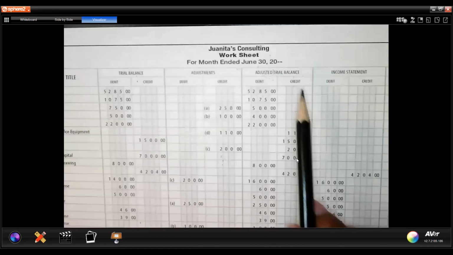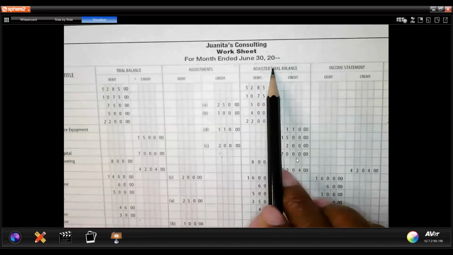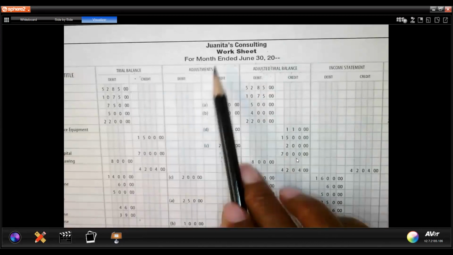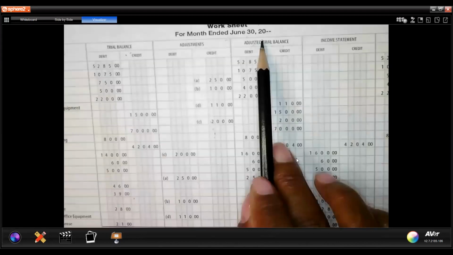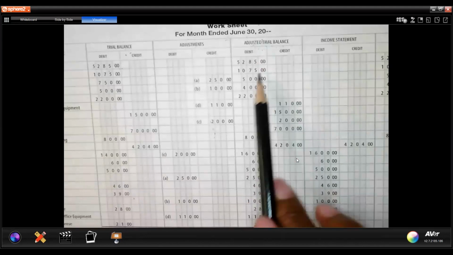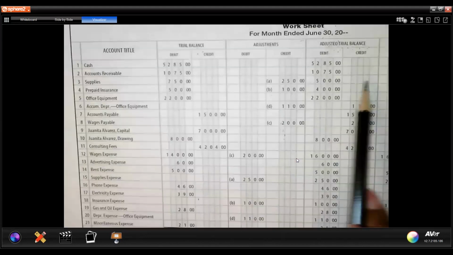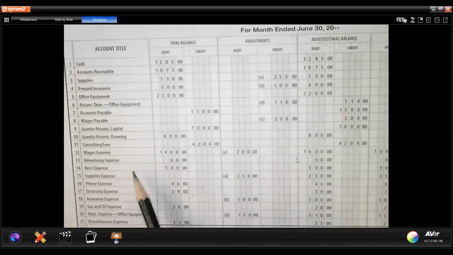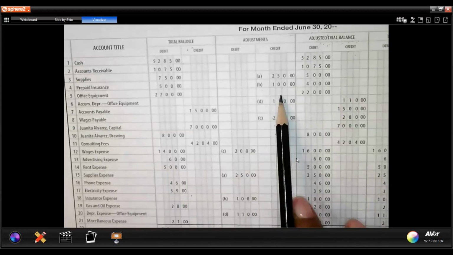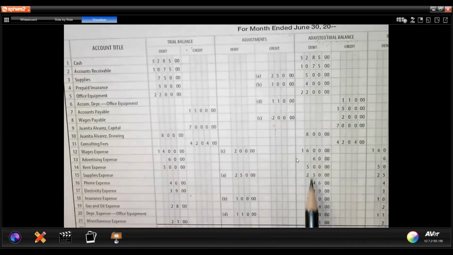Now we need to go in and adjust our trial balance based on those end of the month adjustments that we made. So this is why we call it an adjusted trial balance, because we bring over all of our accounts along with our new balances from adjustments into our adjusted trial balance.